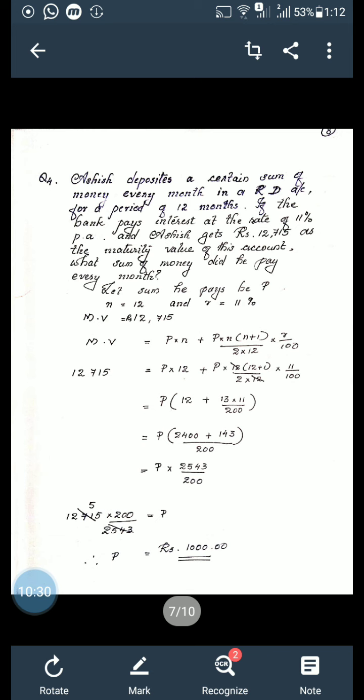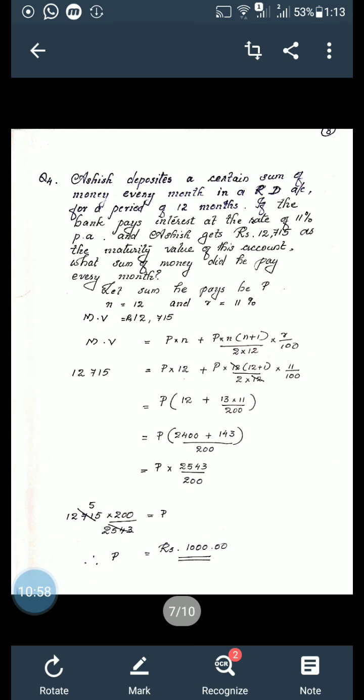The bank pays interest, so R is equal to 11% per annum. Therefore R is equal to 11%, and the maturity value is also given, so we can write maturity value is equal to rupees 12,715.